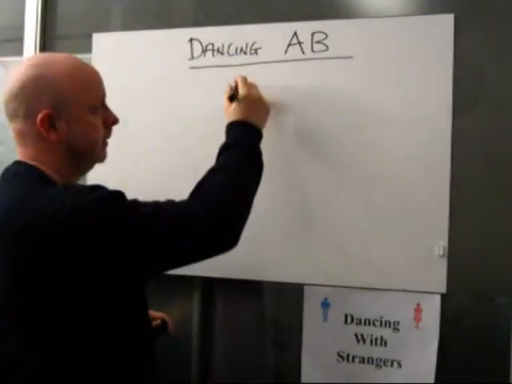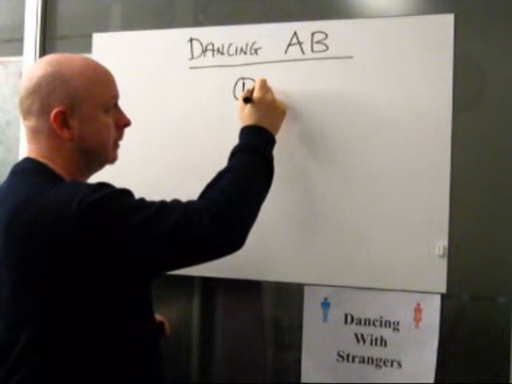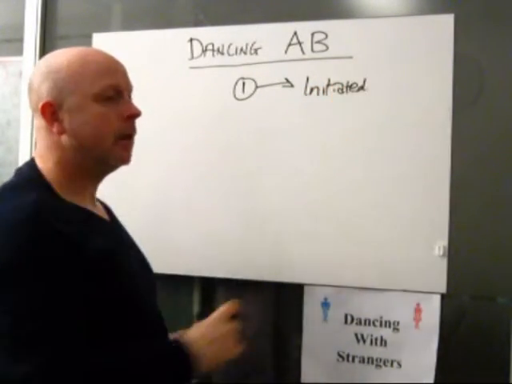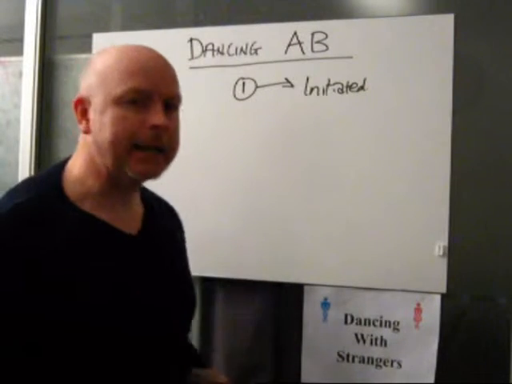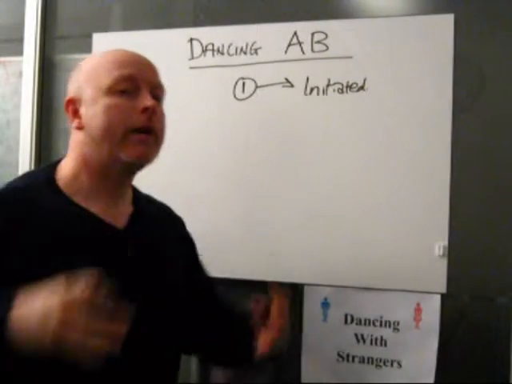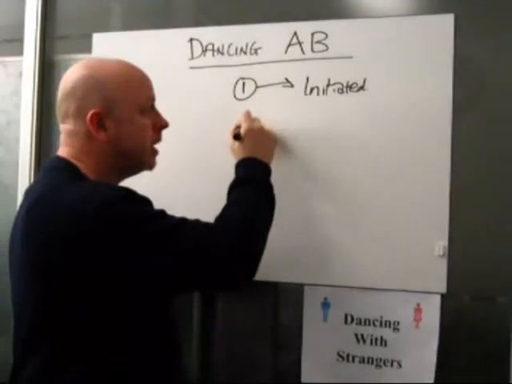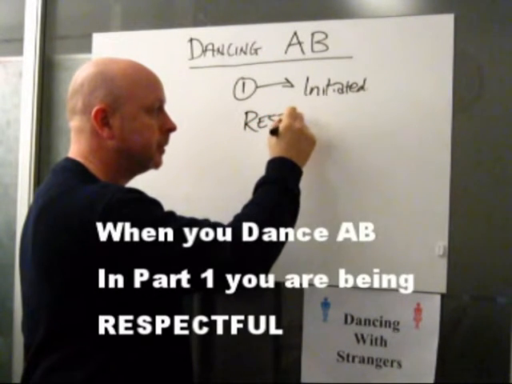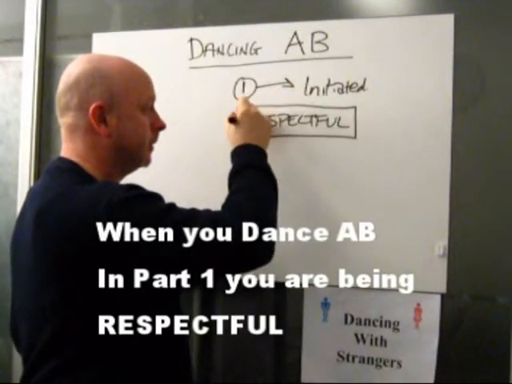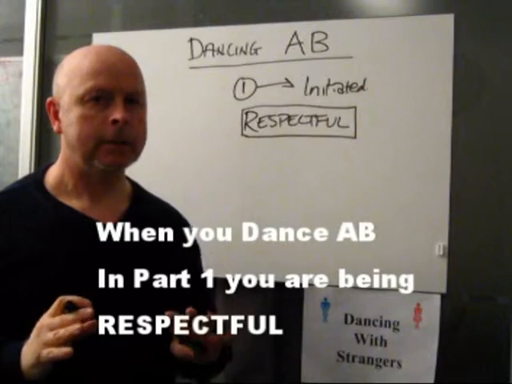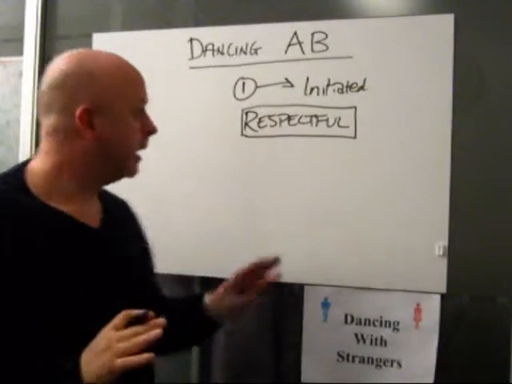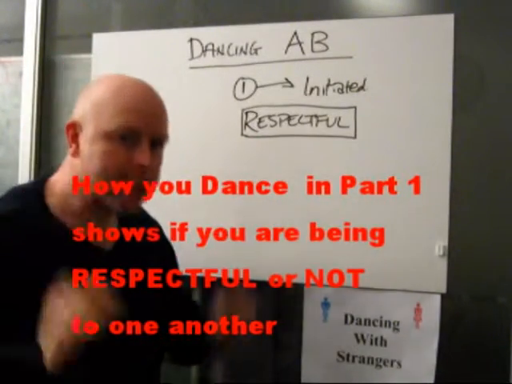There were two parts in that interaction, as you noticed. In the first part, when I initiated, what did I demonstrate when I said "excuse me" to that person? I was polite. But the term I'd like to use for that is that I was respectful. Part one of the step, in any dance step, however you do it, demonstrates whether or not you're being respectful.